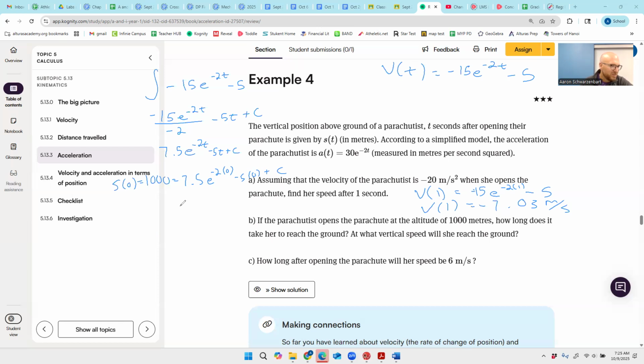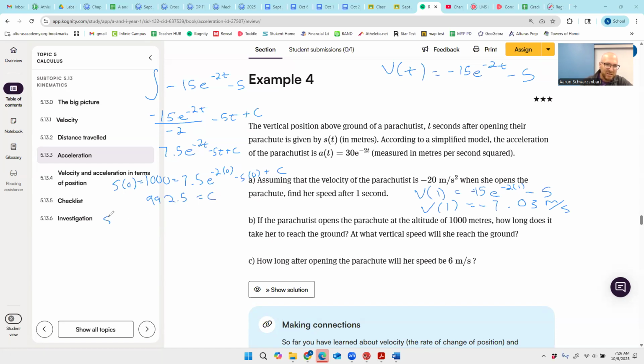This whole initial term is 7.5, and the other term is 0, so I subtract 7.5 and I get 992.5 equals c.